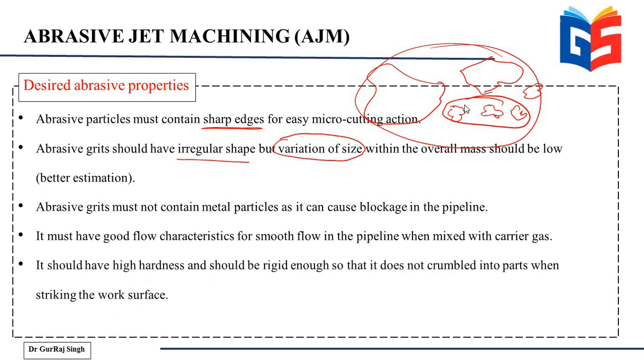They should have high hardness and should be rigid enough. So hardness and rigidity are again two very important properties that you desire from the abrasives, because they should not get crumbled into parts when striking the workpiece, right? So it is a very important property to have hardness as well as rigidity.